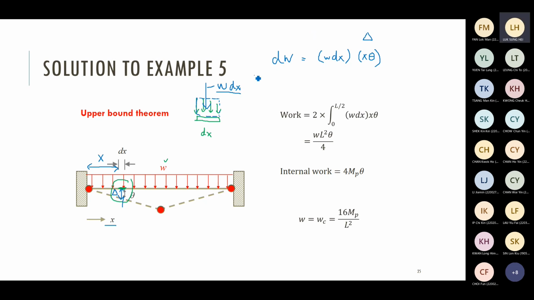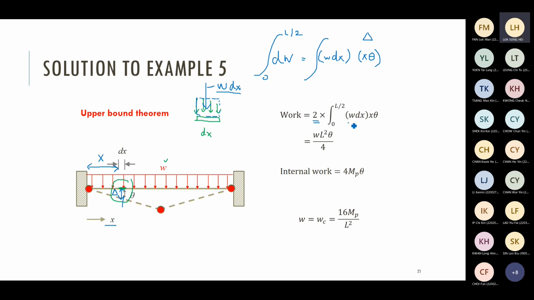You can integrate the whole thing from 0 to the middle of the beam. We consider 1/2 of the portions and then double the values. It becomes the total work done of the system. Okay?